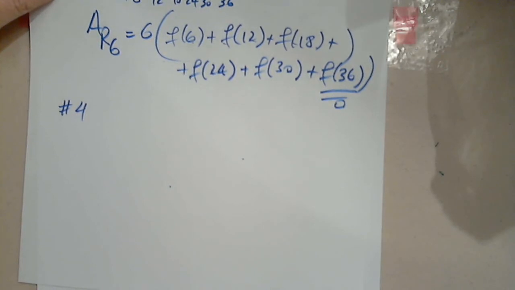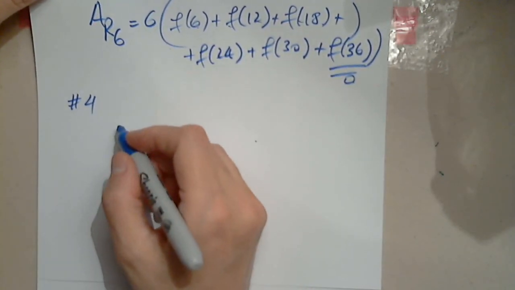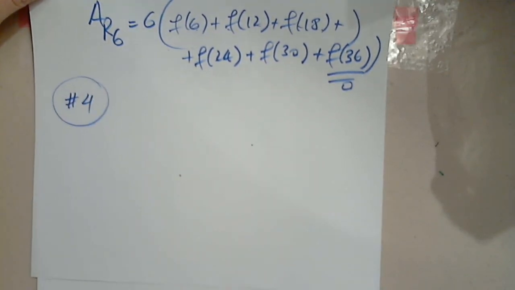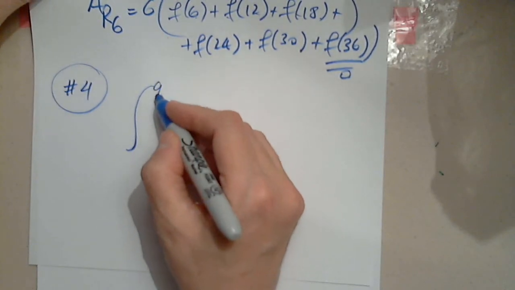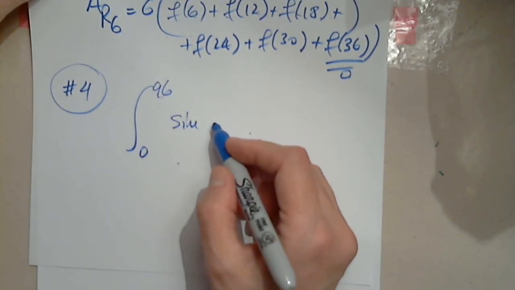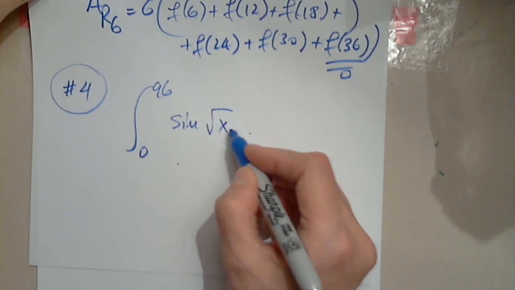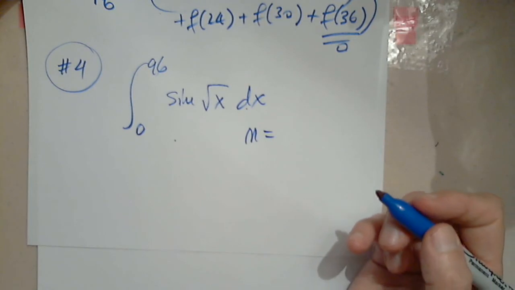Is it a midpoint rule problem, number 4? Yes. The upper limit is 96 and the lower limit is 0, and inside the parentheses is sine of square root x, dx, and n equals 4.